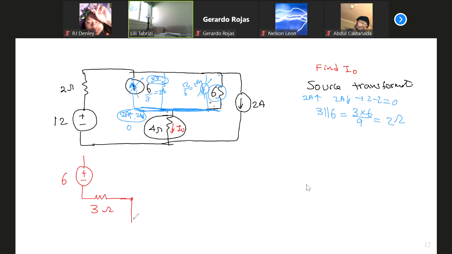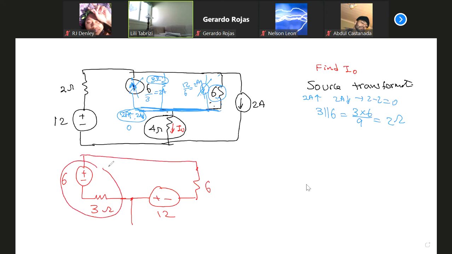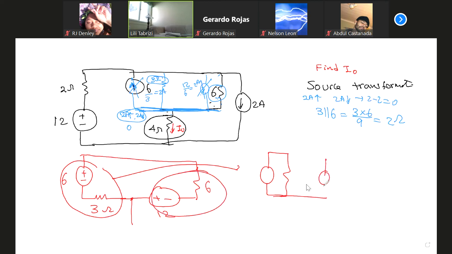And from this side we had 12 volts and 6 ohm. I'll change this one to a current source in parallel. Extend the line, and I change this one to a current source in parallel. This series to this combination, this series to this combination.